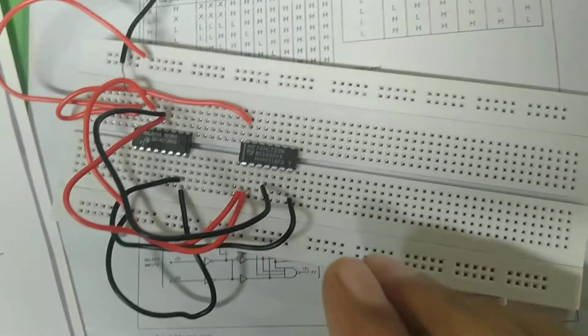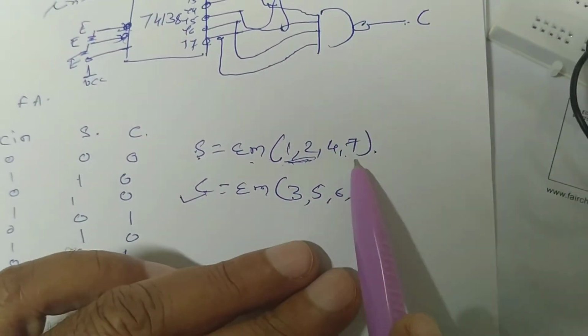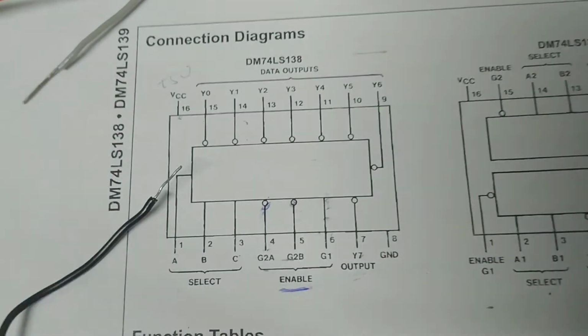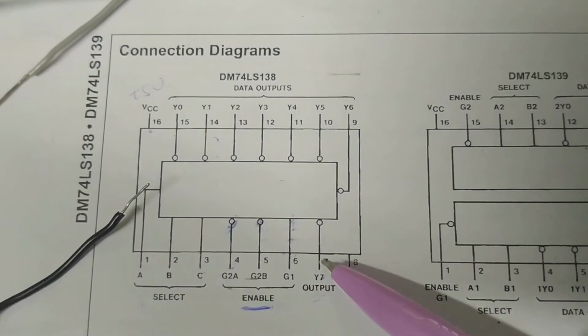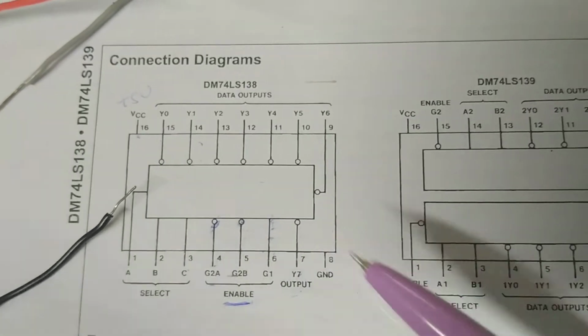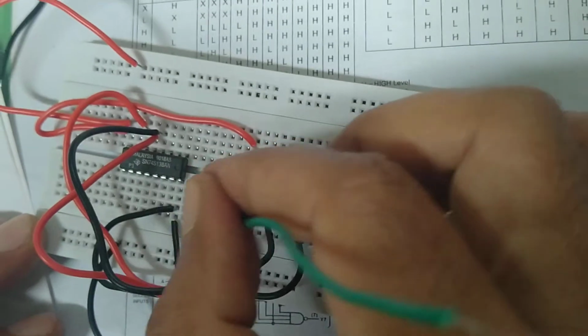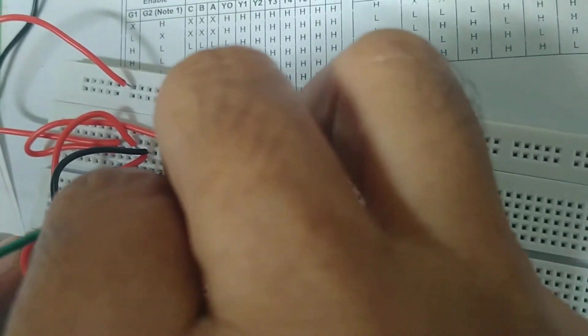Similar way, the last connection in that is Y7. Where is Y7 present? Y7 is present at pin number 7. So where is pin number 7 of this IC? 1 to 8 pins are there. This one is the 7 terminal.